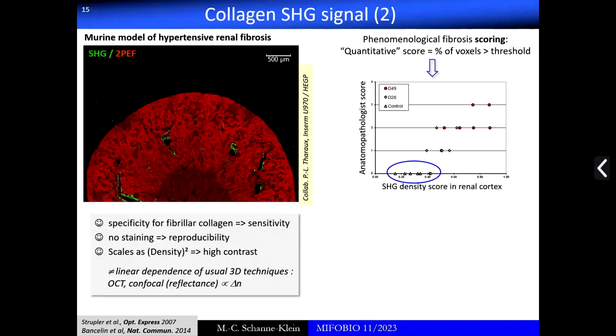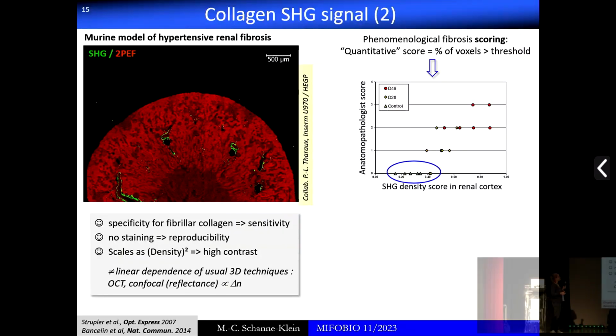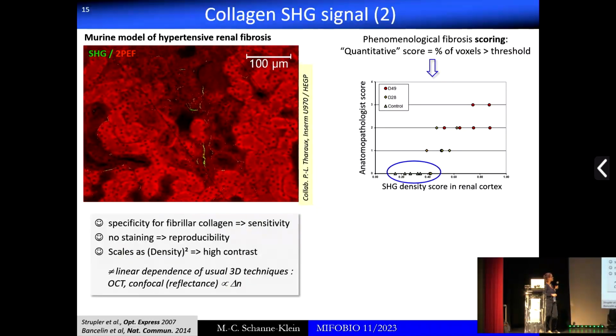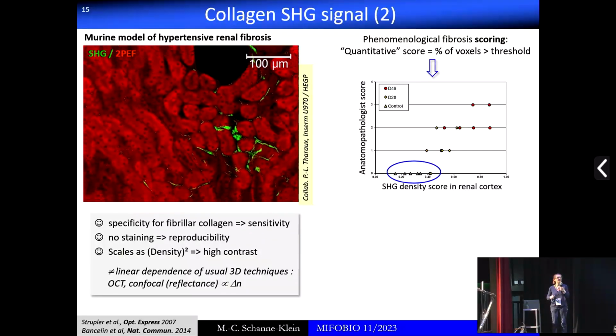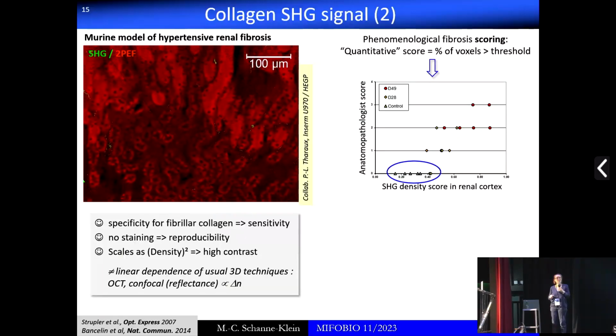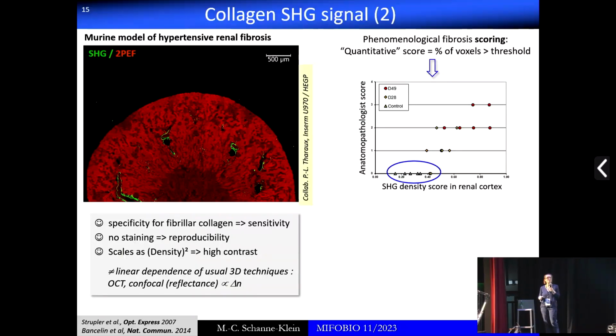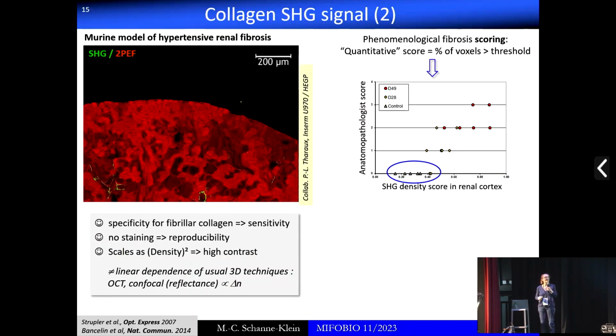Still, it's not truly quantitative, but we can try to have, let's say, phenomenological scoring, for example, by measuring the number of pixels that have a significant signal, so above a specific threshold. And it's very sensitive. Why is it very sensitive?